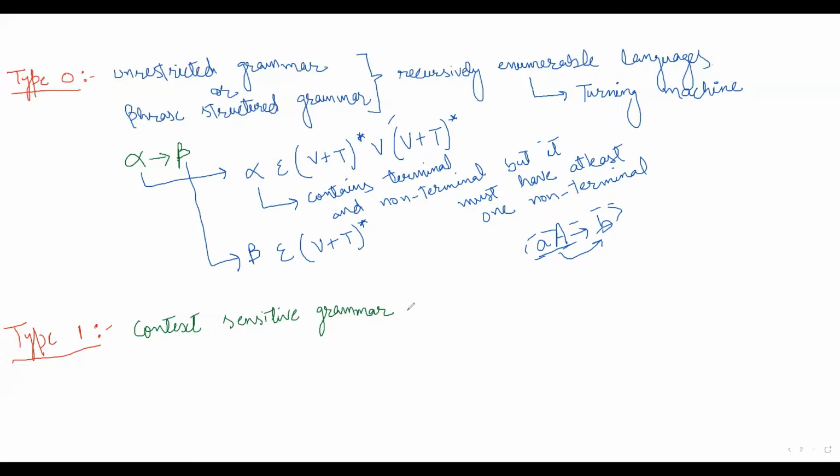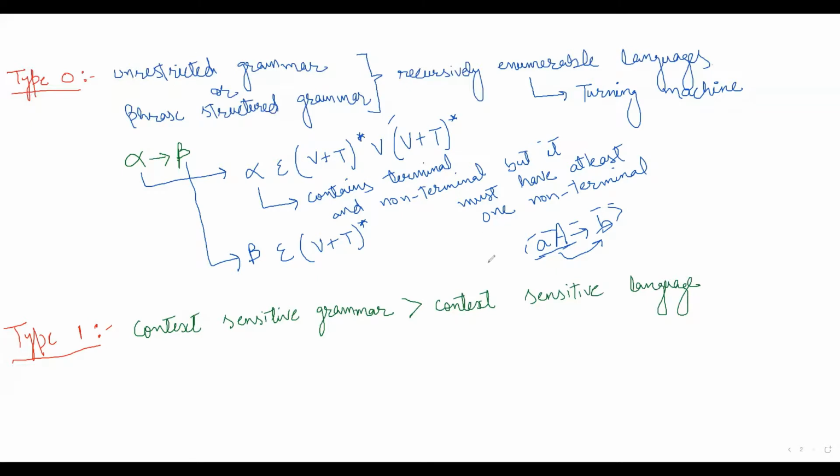And the language generated by context sensitive grammar is called context sensitive language. Okay.